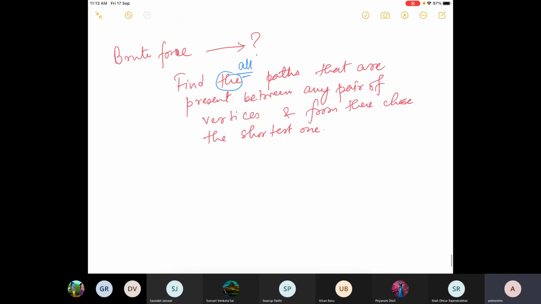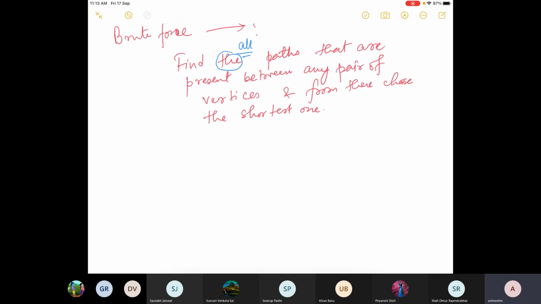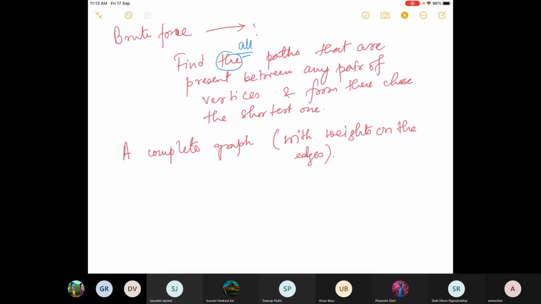So today we will see what is the issue with this. So let us say that you have a complete graph with weights. There are weights on the edges.